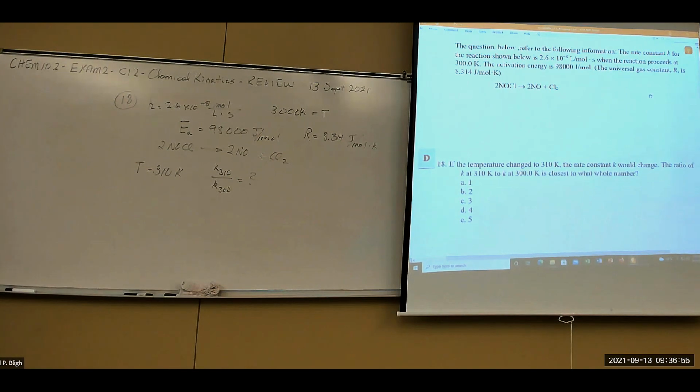All right. We're talking about the Arrhenius equation. Probably the best form of that equation for this process, although you could use the differential form, which is a little unwieldy but workable, is the integrated form, which is a little easier to deal with.